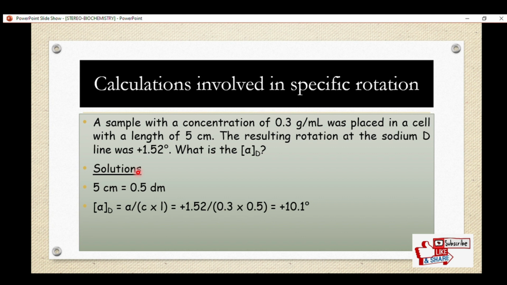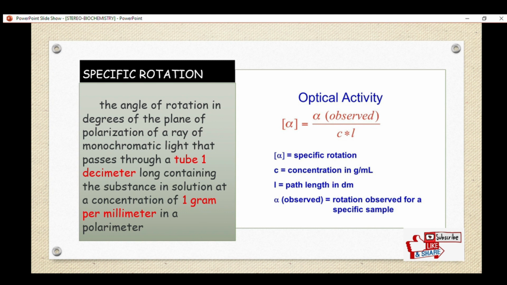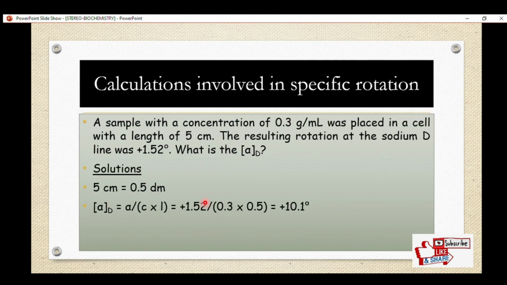When you are given this question, what you have to do is write down the parameters. We have concentration, that's 0.3, and the unit is gram per ml. As we talked about earlier, the concentration is supposed to be in gram per ml. After the concentration, it was placed in a 5 centimeter length.